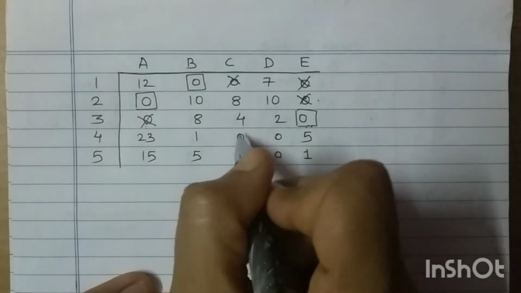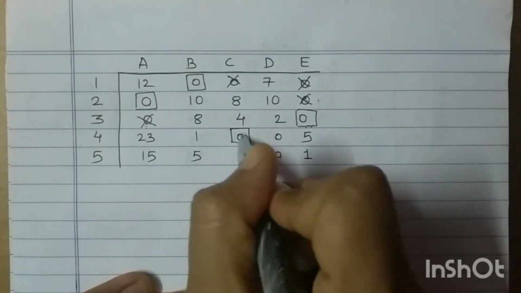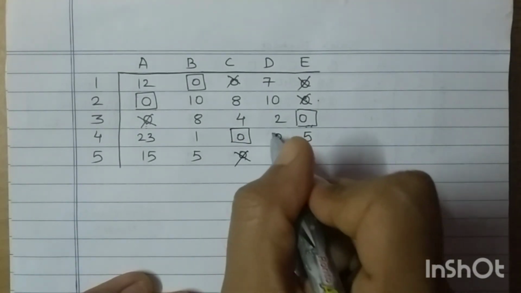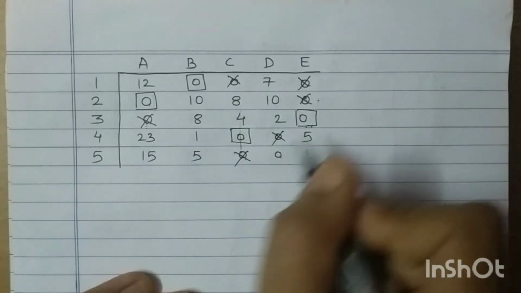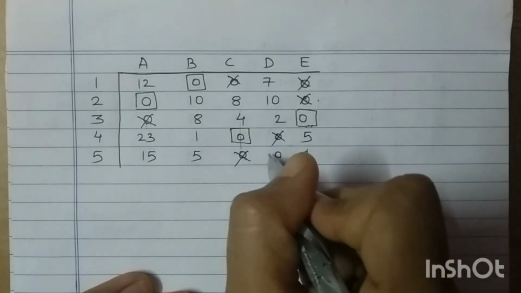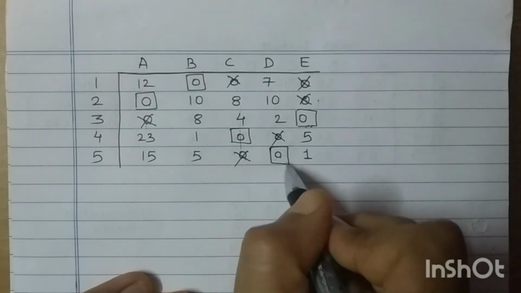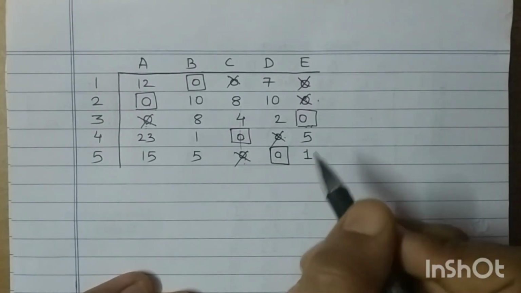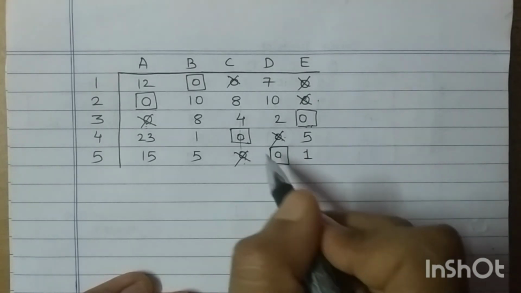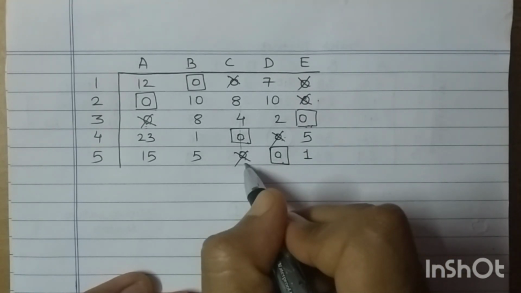Again, here also you can select this zero. If you select this zero, these two zeros will be deleted because they are in the same row and column, and again this will be the remaining zero. Or you can select this zero, these two will be deleted.